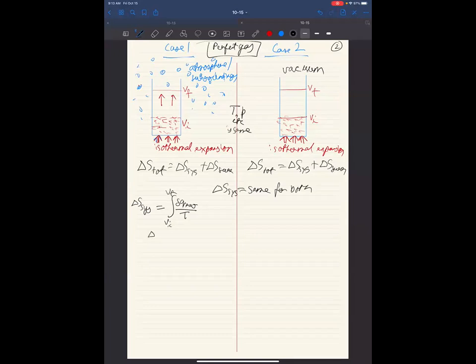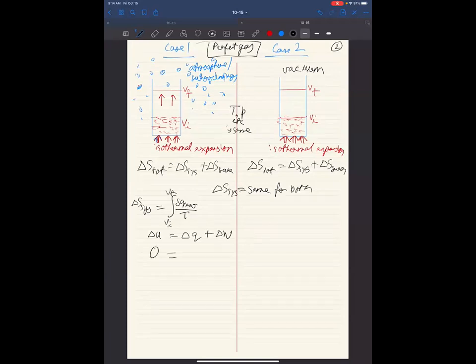So we know that irrespective of what delta Q is, whether reversible or irreversible, it is going to follow delta U is equal to delta Q plus delta W. Perfect gas, isothermal expansion. What can we say about delta U? Zero. There we go.